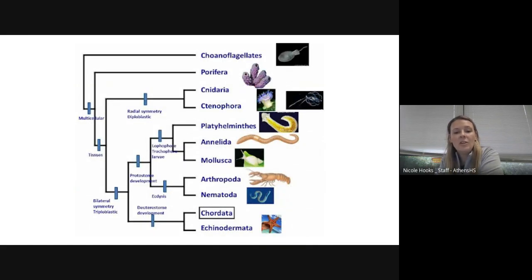Okay, so here is a cladogram of our ocean species getting more and more complex. So if you notice, chordata is boxed here. That's our fishes. We've got nematode, that's our worms. We've got arthropods, mollusks. We'll talk about those, cnidarians, porifera.